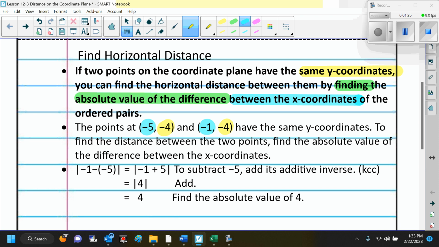So we have -1 plus 5. You want the absolute value of -1 plus 5. -1 plus 5, of course, is 4. And the absolute value of 4 is 4. So that means that the distance between those 2 points is 4 units.